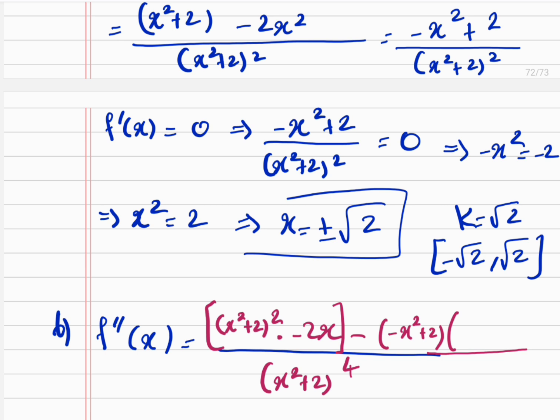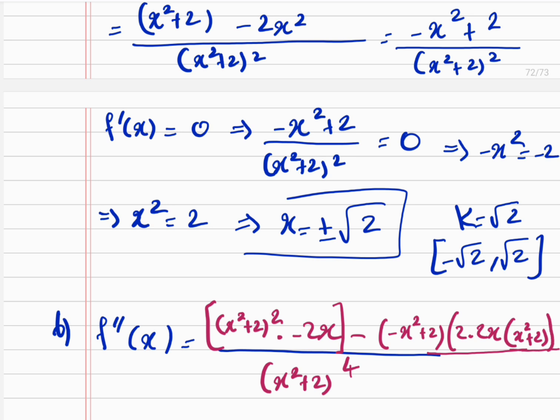It's a chain rule, so the power is 2, that comes down, and then the derivative of inside is 2x, and what remains is just the bracket and the power minus 1, which is just going to be 1.